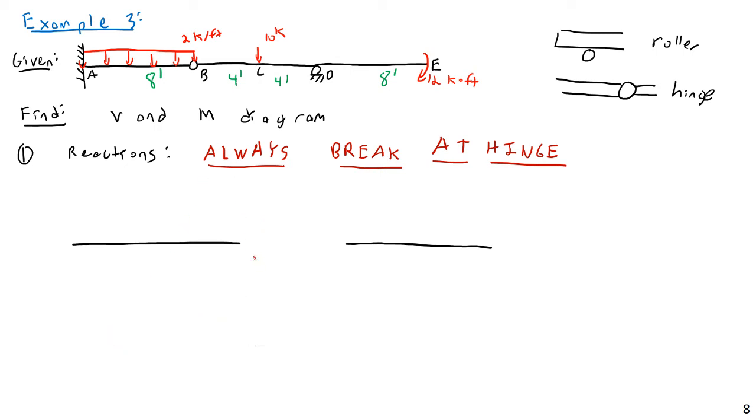So I'm going to have AX, AY, and MA, the moment at A. Again, because this is a fixed support, I have an X reaction, a Y reaction, and a moment there. Then I'm going to have my distributed load, my 2 kip per foot distributed load all the way across, like this here. So a 2 kip per foot load.